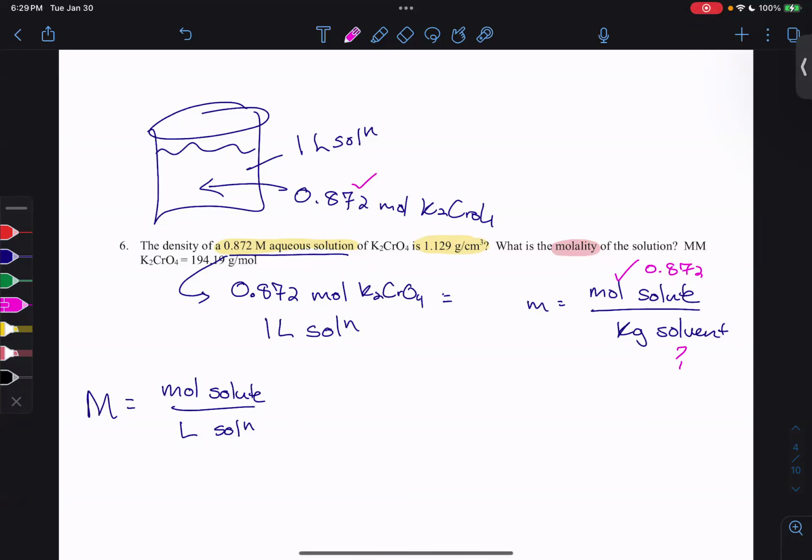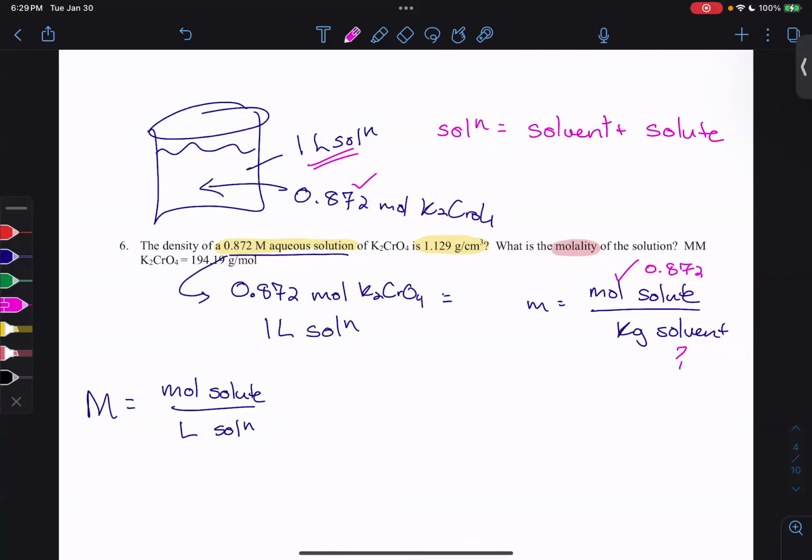So yes, we used the mole amount there. It looks like we're going to have to use the volume of solution. But am I using solution and solvent interchangeably, or do those have different meanings? They have different meanings. A solution means your solvent and your solute.